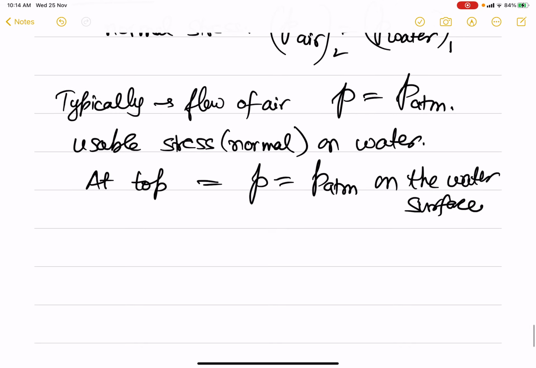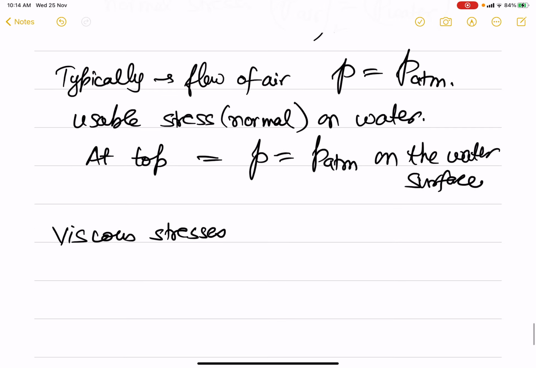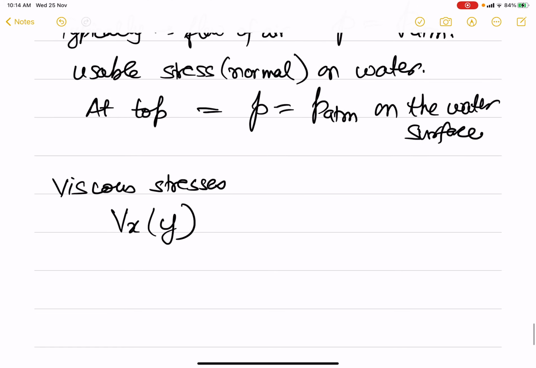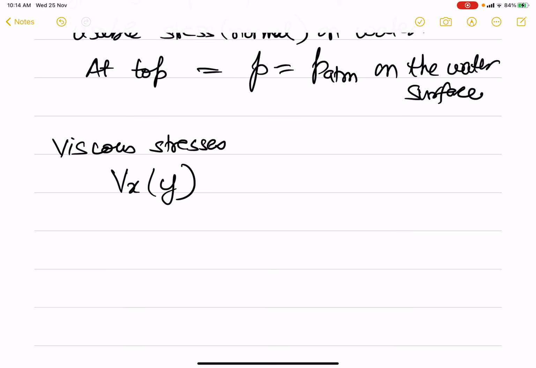Now we also have something similar when we talk of the viscous stresses, and let us take a simple case where we have Vx as a function of y. This will be extended later to the general case, but let's derive it. Let's look at a simple case like this.